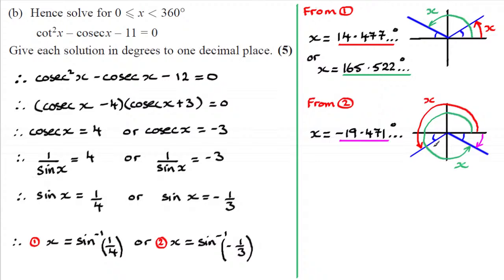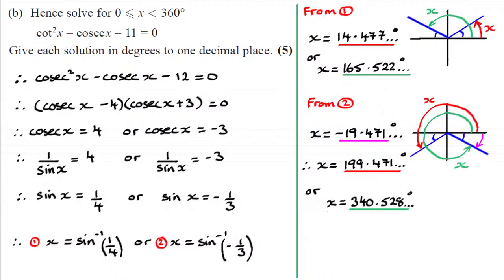Okay, so the magnitude of it is 19.471, and therefore we can get the red X by doing 180 degrees plus 19.471. And if you do that, you're going to get 199.471 and so on degrees. And for the green one, you can do 360 degrees minus this angle, okay?